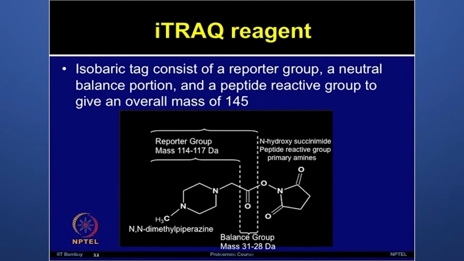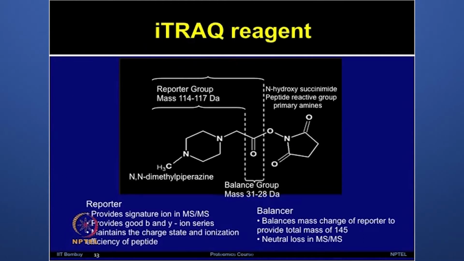So, when reacted with a peptide, the iTRAQ tag forms an amide linkage to any peptide amine, N-terminal or lysine amino group. Now, this is the structure of the iTRAQ reagent, where you can see that it consists of a reporter group, a neutral balance portion and a peptide reactive group, and overall mass will remain 145. The reporter group provides signature ions in MS-MS mode.